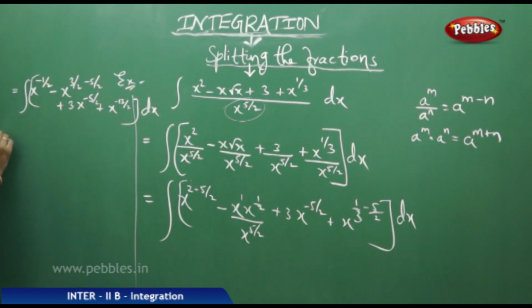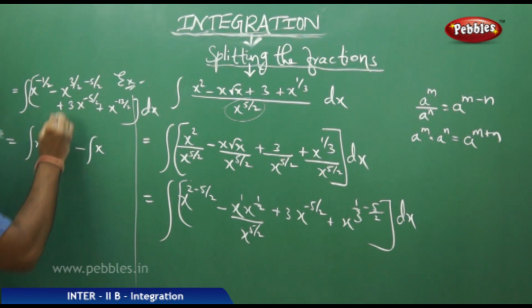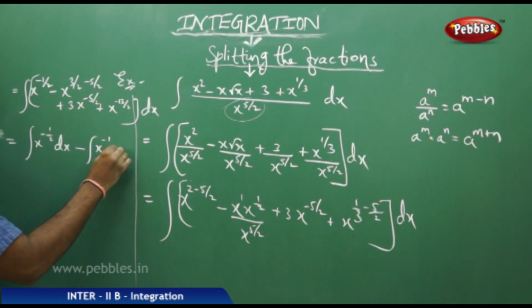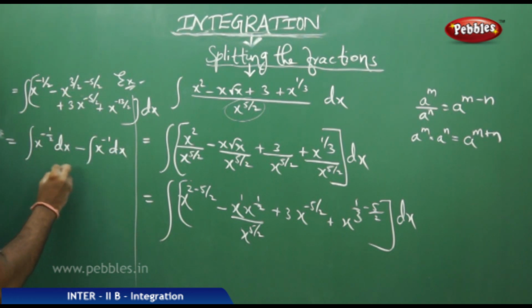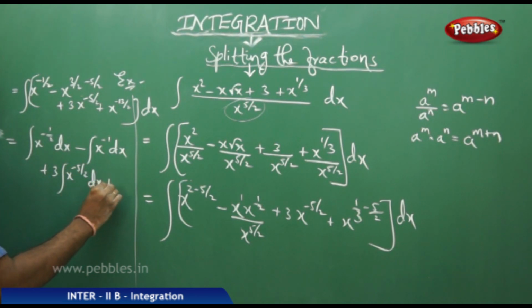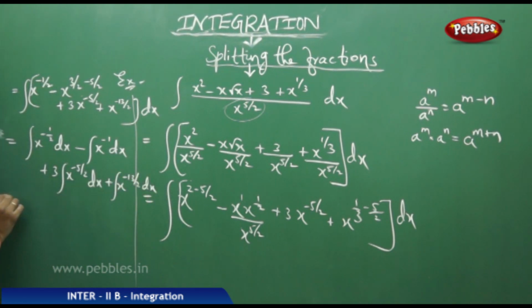Of this. Now this, on splitting the fractions, I get x power minus 1 by 2 dx minus x power minus 1 dx on LCM plus 3 times of this dx.